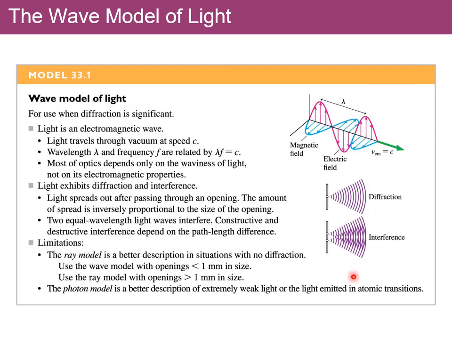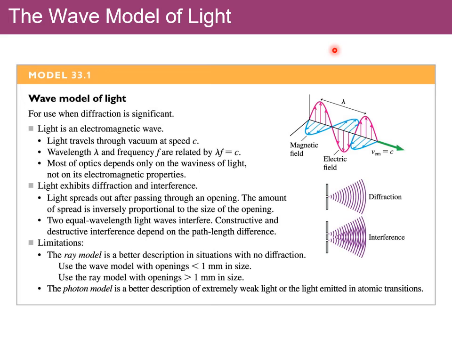Here we see an excellent summary of the wave model of light. We make use of this primarily when diffraction is an important consideration. We have that light is an EM wave traveling through vacuum at speed c, such that the product of its wavelength and frequency is c. Light exhibits diffraction and interference.